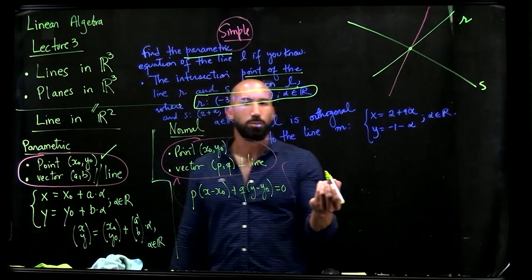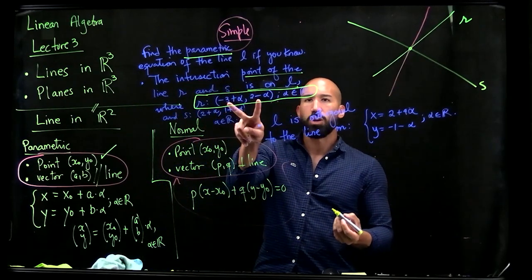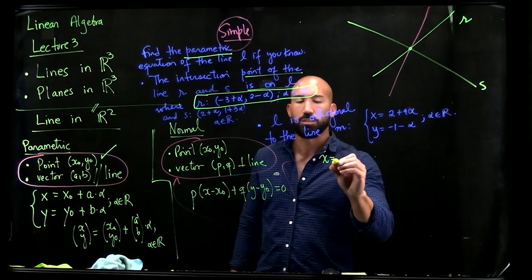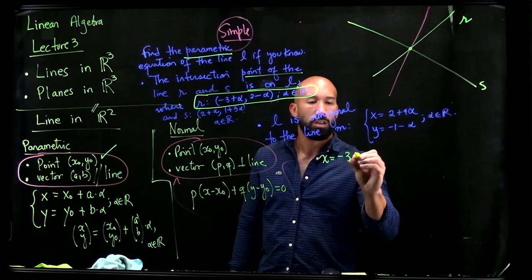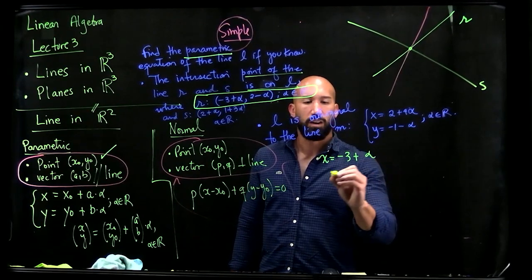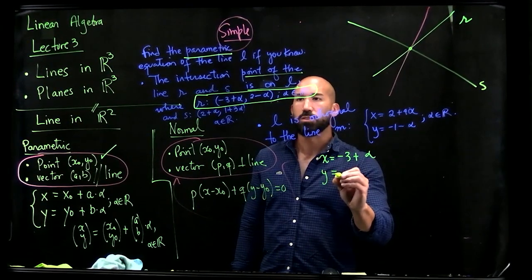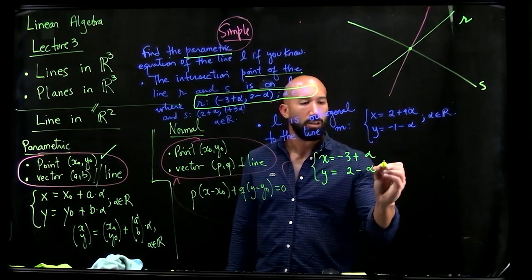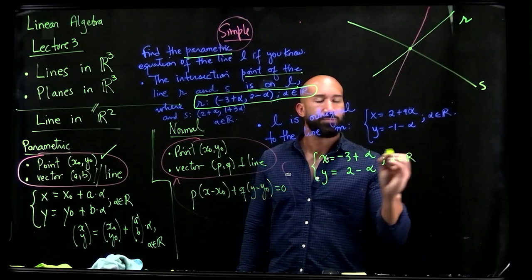Well, obviously, this equation can be rewritten as x is equal to minus 3 plus alpha, and y is equal to 2 minus alpha, with alpha real.